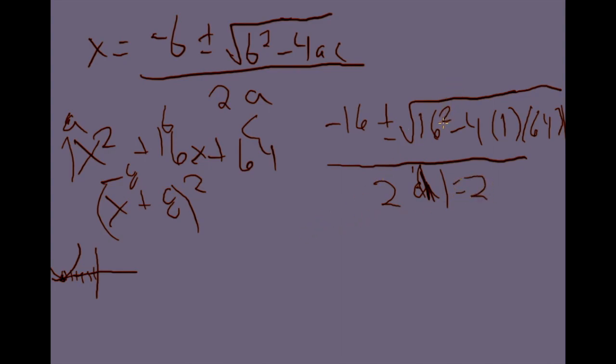Okay, so let's first figure out the square root. We got 16 squared, which is 256, minus 4 times 1 times 64, which is 256.